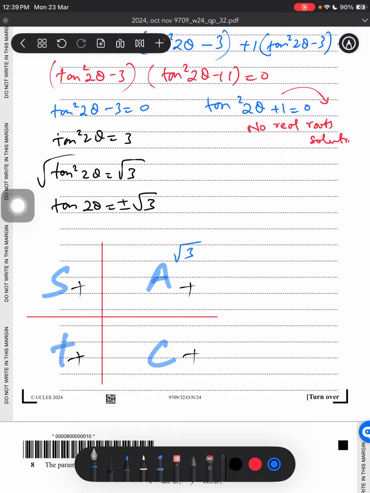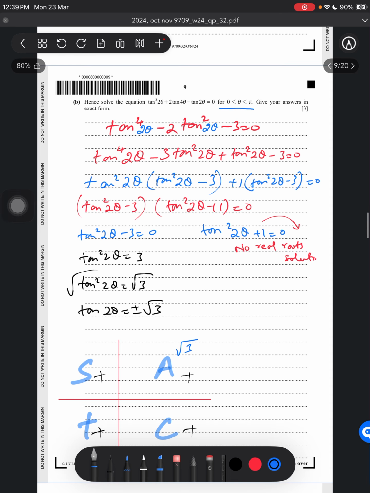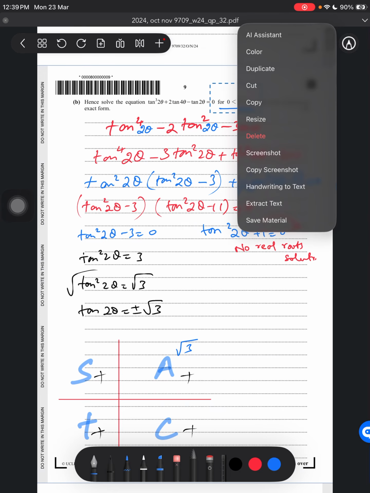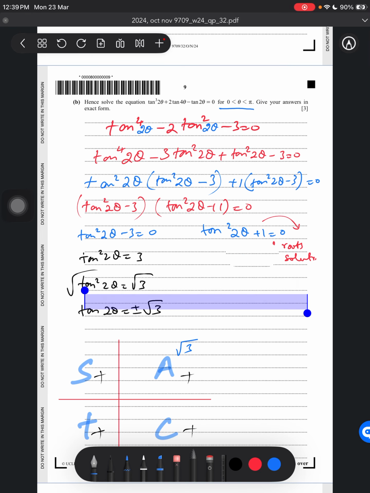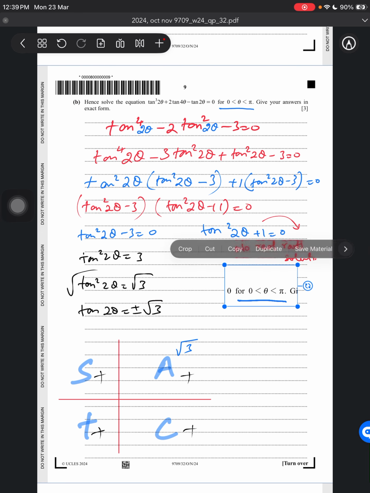Let's take the thetas first, tan theta, but let's not keep tan theta, we'll just have 2 theta. First of all we have a range, and the range has to be made the same. So how to make the range the same?